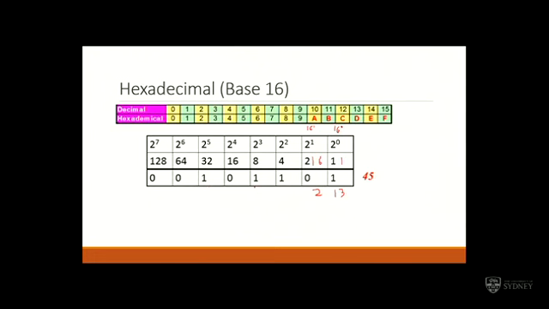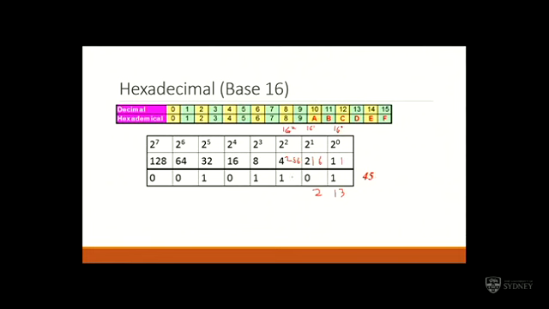Whereas with binary, we converted between decimal and binary by finding the largest power of 2 that fit into our decimal number, writing down the number of times that fit, getting a remainder, and then moving on with the remainder, we can do the same with hexadecimal. So we can say that this is the number of 256s, or the number of 16s squared.